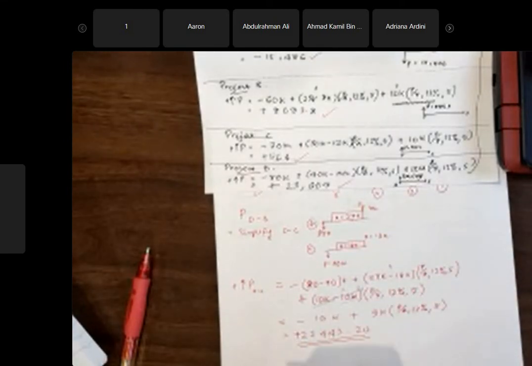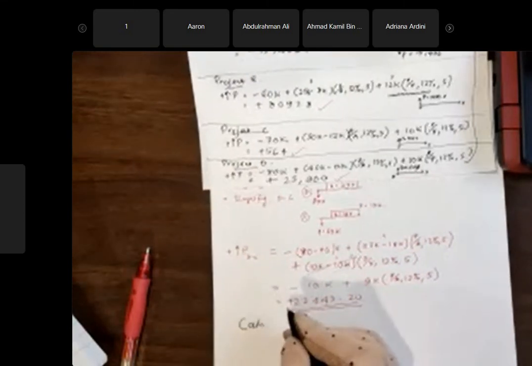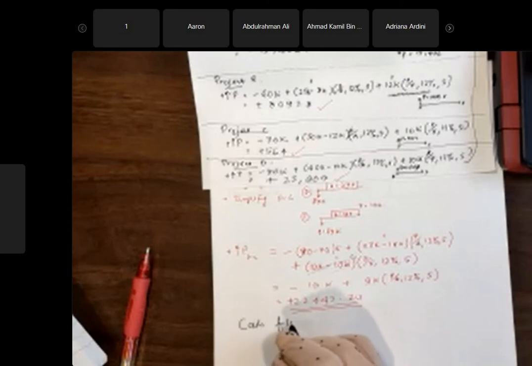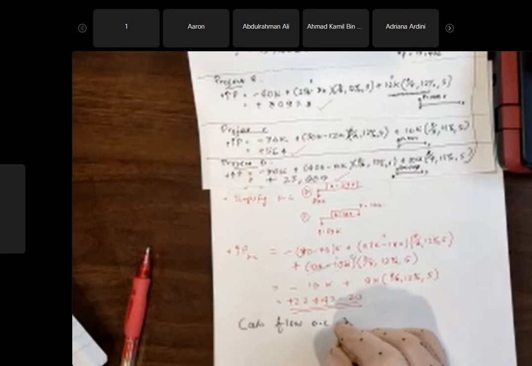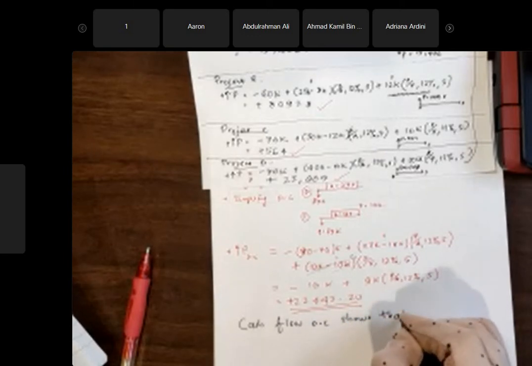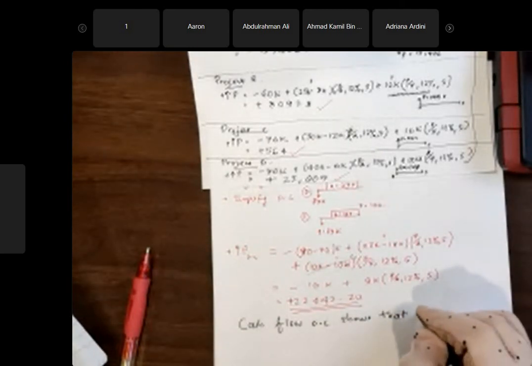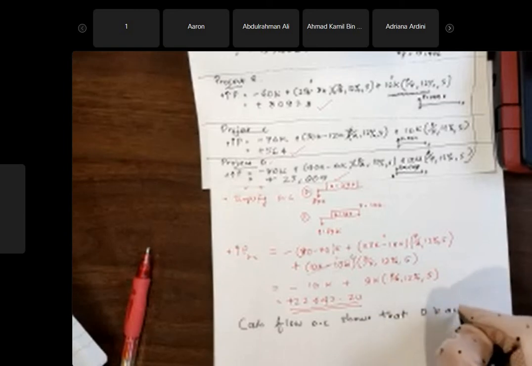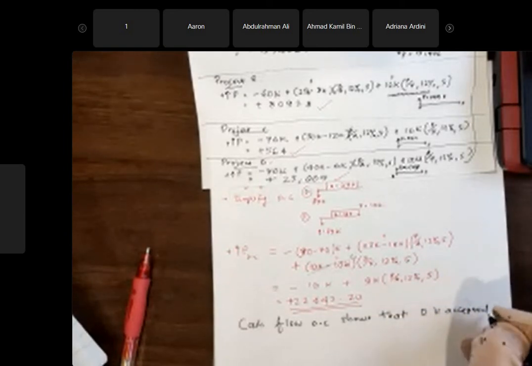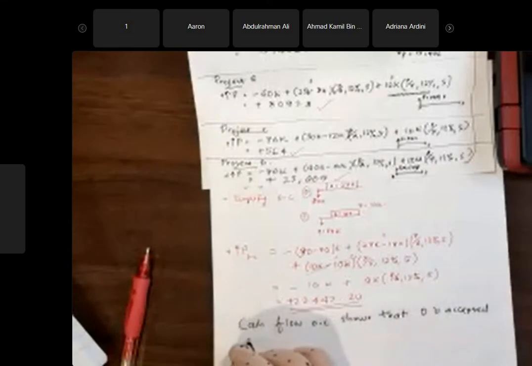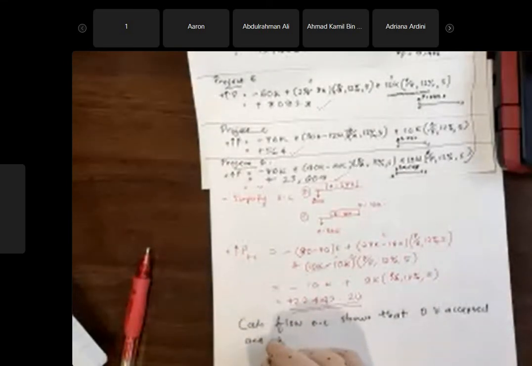Understood? So the cash flow for D minus C shows that D is accepted. That means you have to reject C.